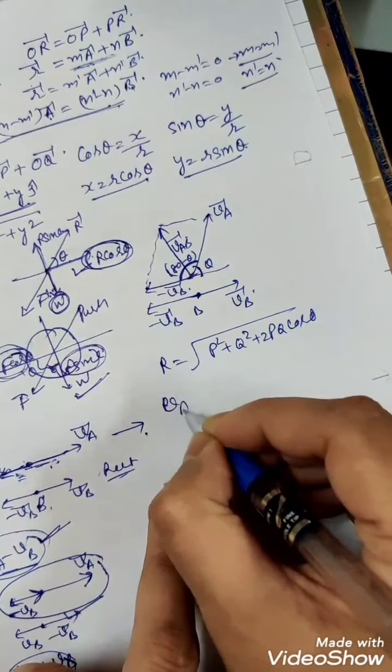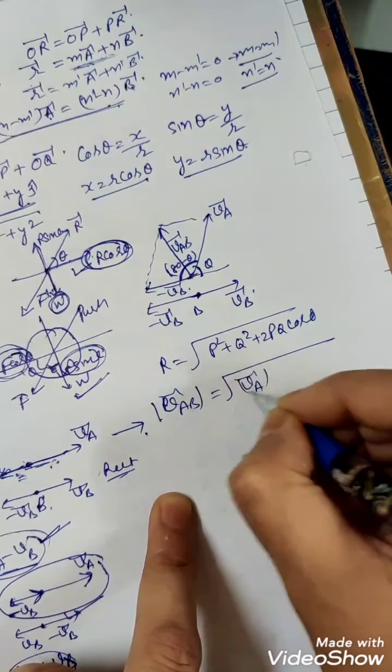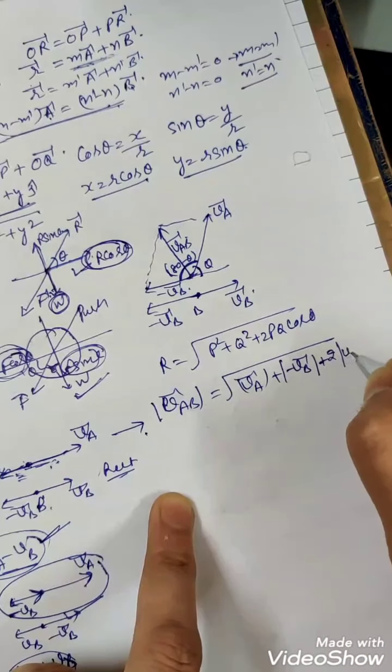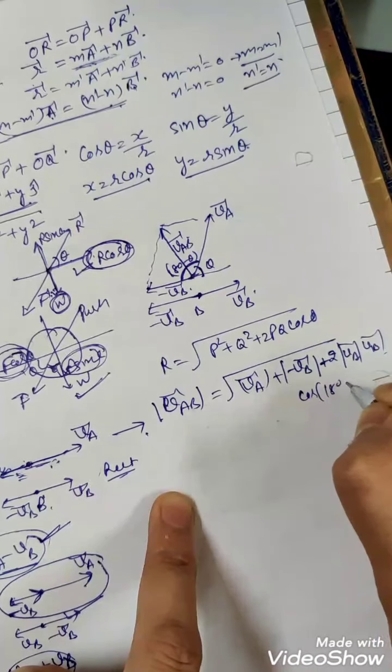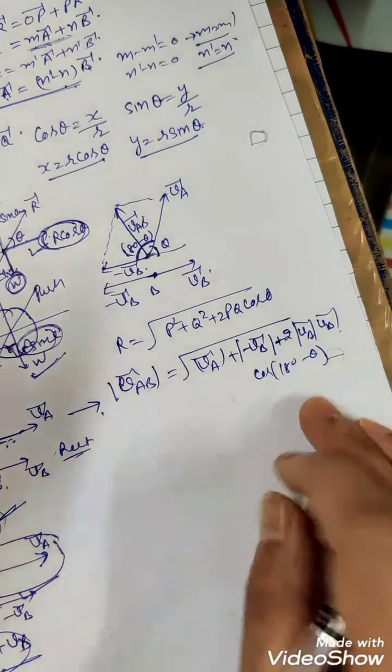This is the magnitude of A relative to B, with magnitude of A and magnitude of B, and cos of 180 minus theta, which is minus cos theta.